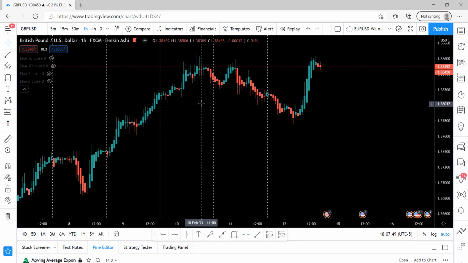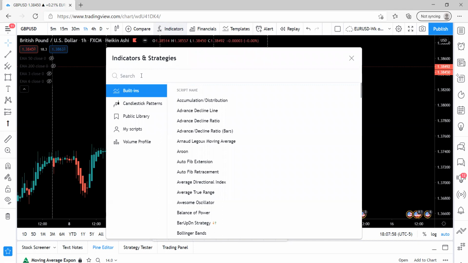The second thing you want to do after you put on your session breaks is use an indicator, an awesome one that breaks down the candles and the chart into different sessions. We break it down into the three main sessions, which are the New York session, the Asian session, and the London session.